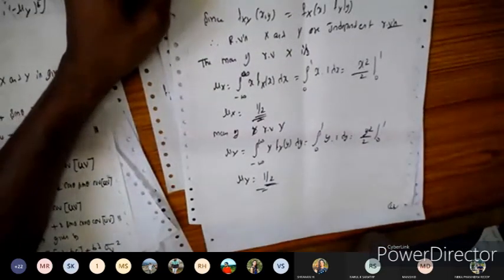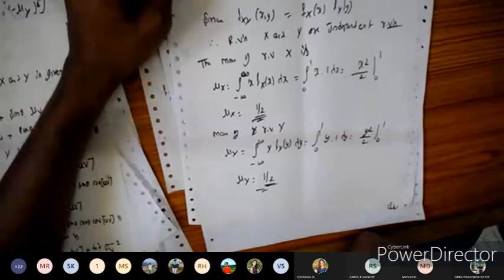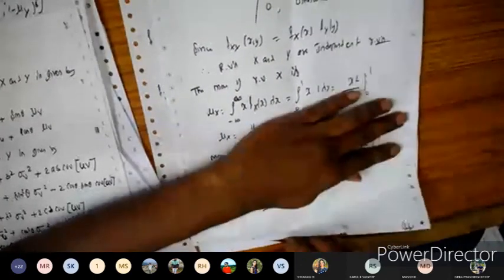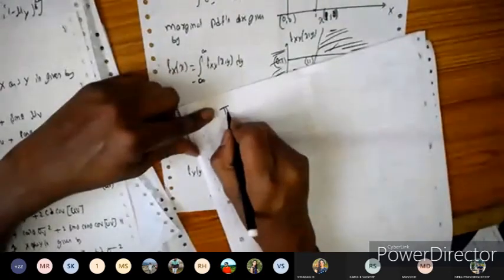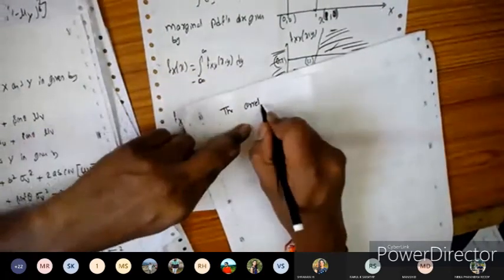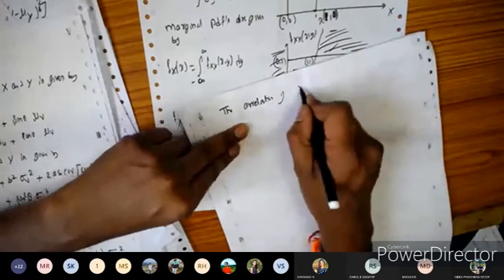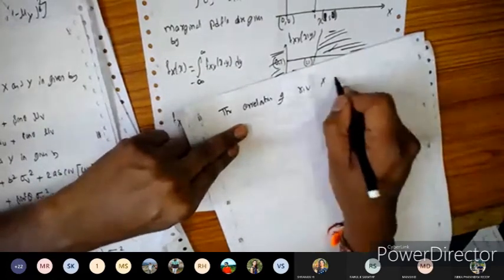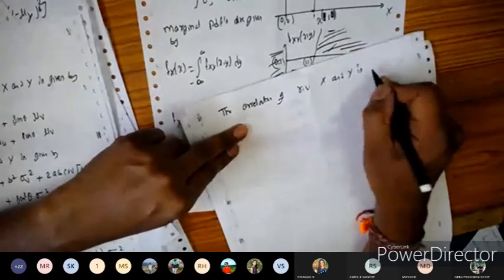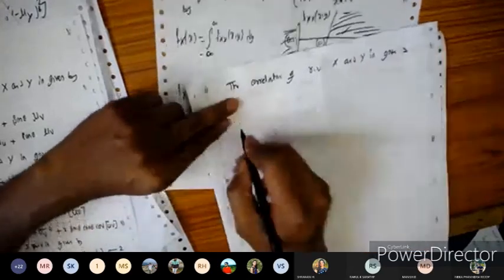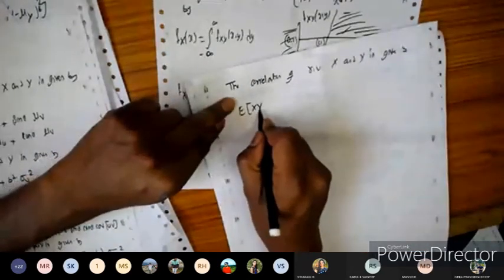Now let us find out the correlation between the random variables x and y here. The correlation of the random variables x and y is given by, so the correlation is nothing but the expected value of x and y.